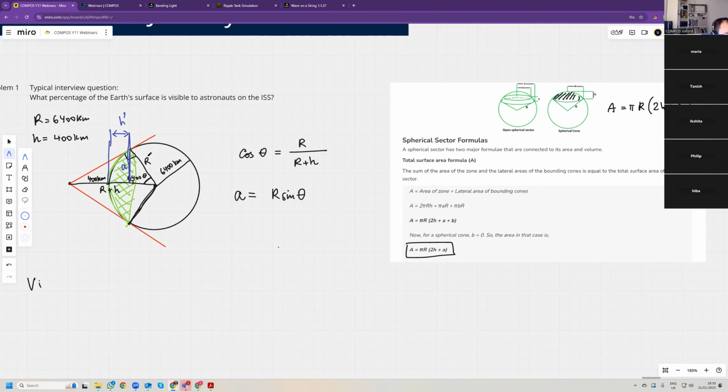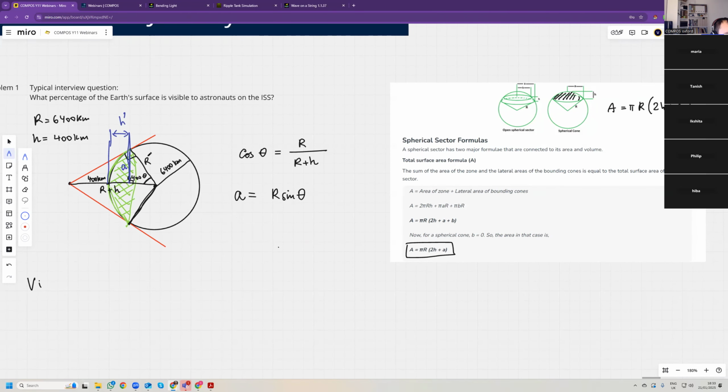So we can work out sine theta using the trig identity. Sine theta is the square root of 1 minus r squared over r plus h squared. So that's going to be r plus h squared minus r squared, which is going to be h squared plus 2rh, like this. And we sub that in.